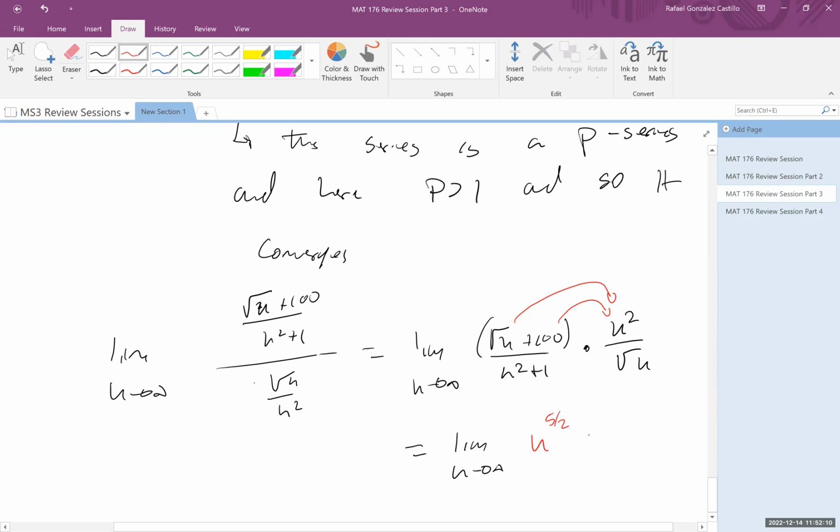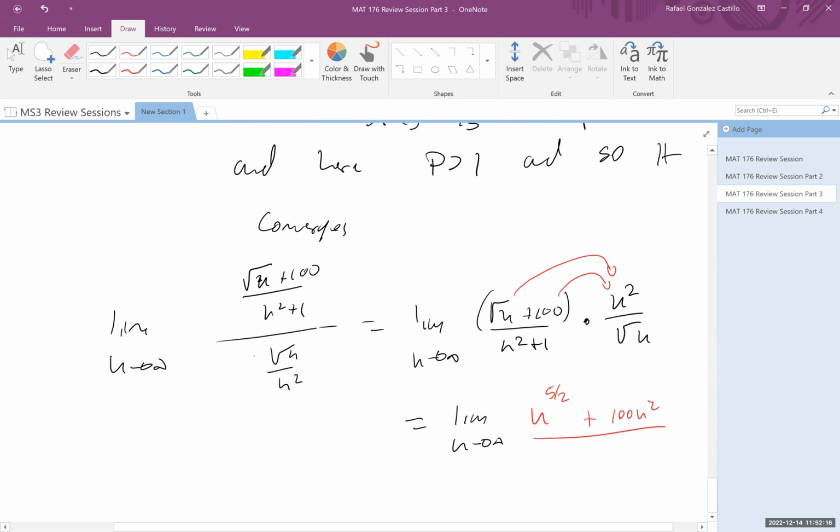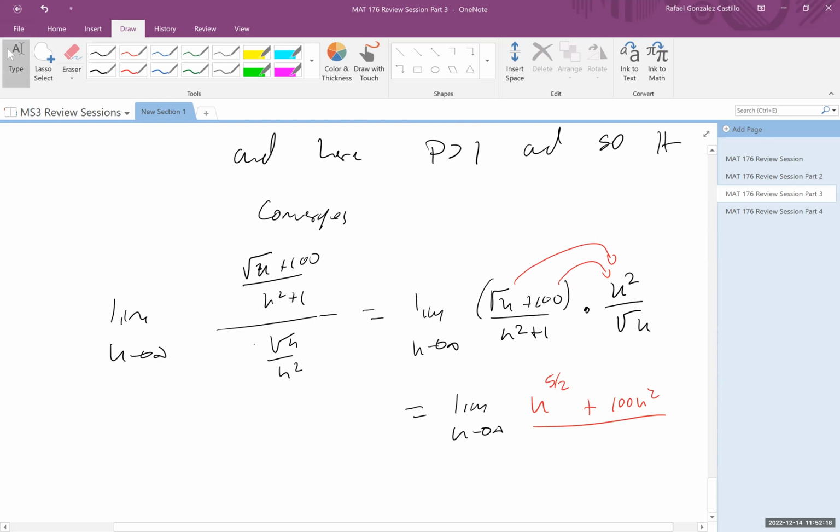Yeah, n to the 5/2 plus 100 n squared divided by, again, n to the 5/2. And you multiply here and here, you get n to the 5/2 plus radical n.